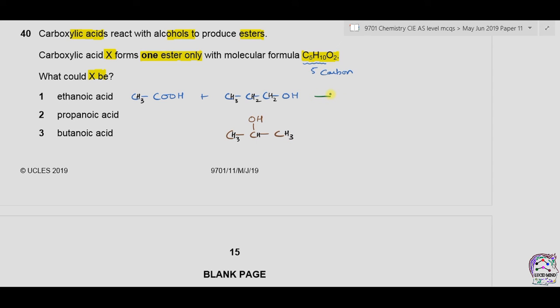Now the ester formed can be like this. Now we have a 3-carbon alcohol. Or it could be like this if a secondary alcohol is used.